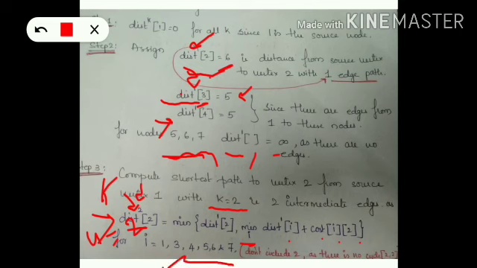Please note here I am not making use of i's value equal to 2 because I don't have a cycle from vertex 2 to 2 itself in case of the Bellman-Ford algorithm. So the Bellman-Ford algorithm will not work when you have cycles. So in the graph we do not have a cycle from 2 to 2. So therefore i's value is going to range from 1, 3, 4 and so on till 7.